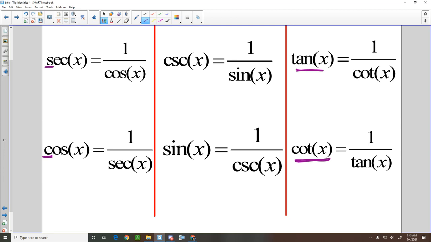So I kind of think in my head, all right, if I had a C, I'm going to flip it, and now I have an S trig function. So you wouldn't have a cosine and a cosecant because those both start with C. It doesn't work that way. Anyways, that's just my little trick that I use. You might have your own way for remembering the difference between these two.